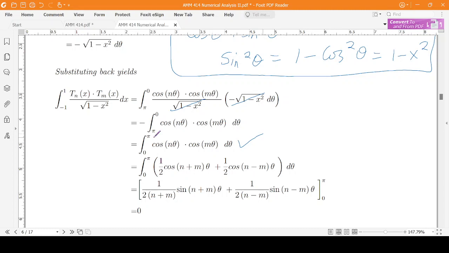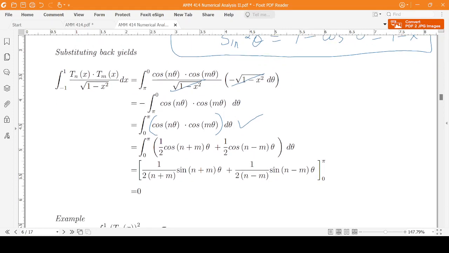Now, to work out this integral, we need to use what we call the factor formula.